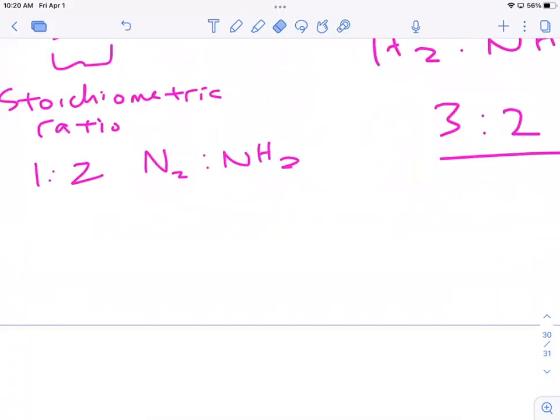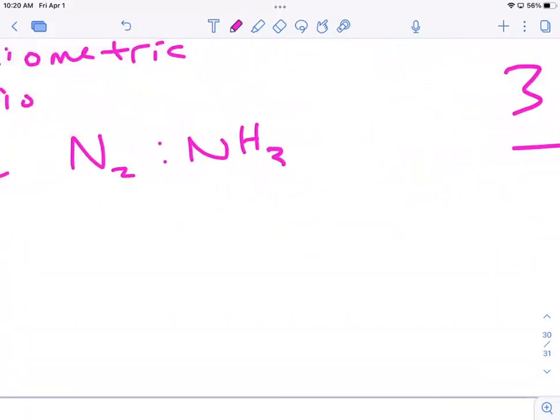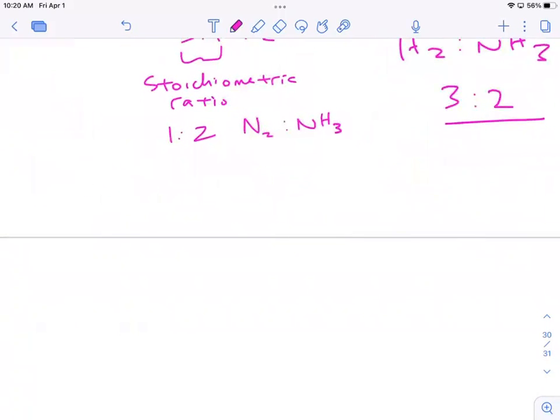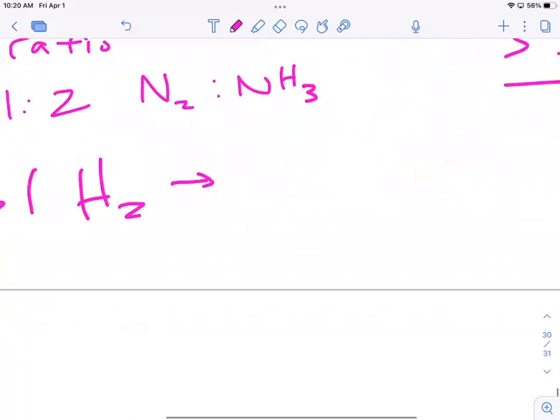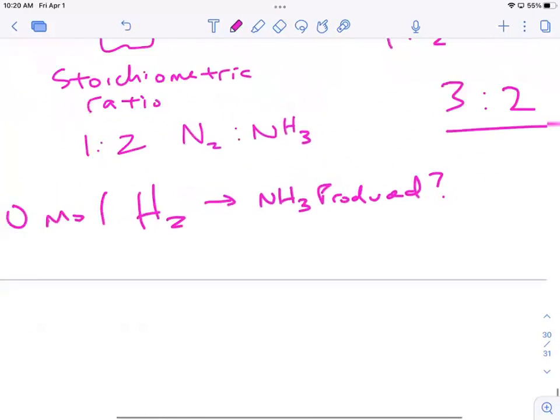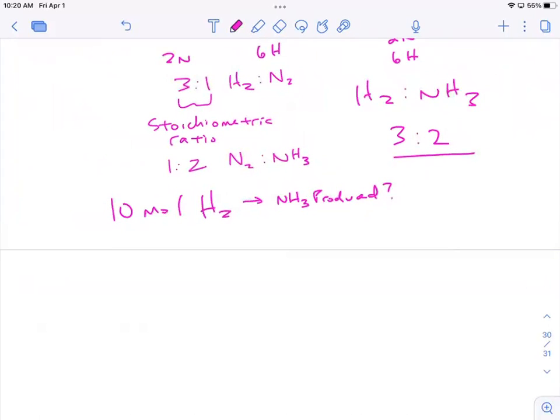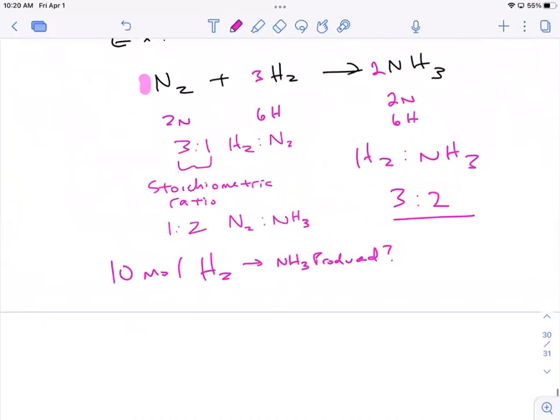Nobody tell me my 3 looks like a, never mind, I'll fix it. All right, so what if I had 10 moles of H2? And I ask you how much NH3 that will produce. How can we figure that out based on these numbers that we have right here?